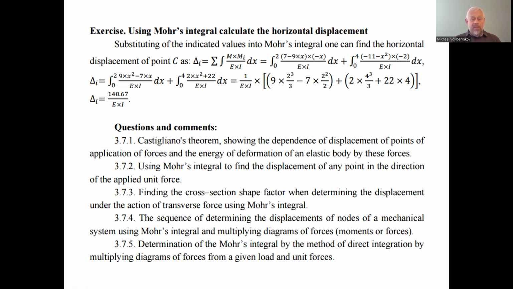And sometimes, considering the properties of the assigned system, we can use only one summand. Maybe for the frames, it will be the first summand, the displacement of the mechanical system under the action of the external load, considering the bending of the frame.